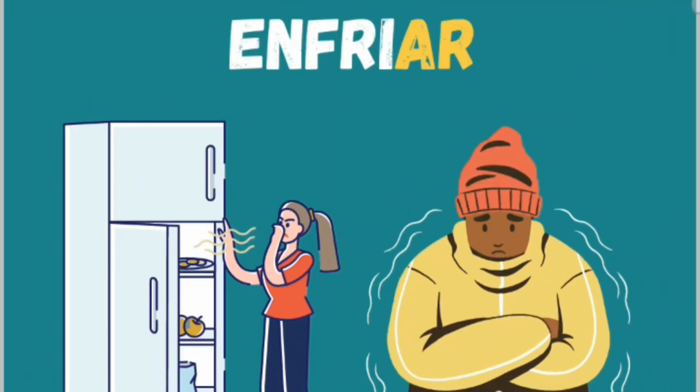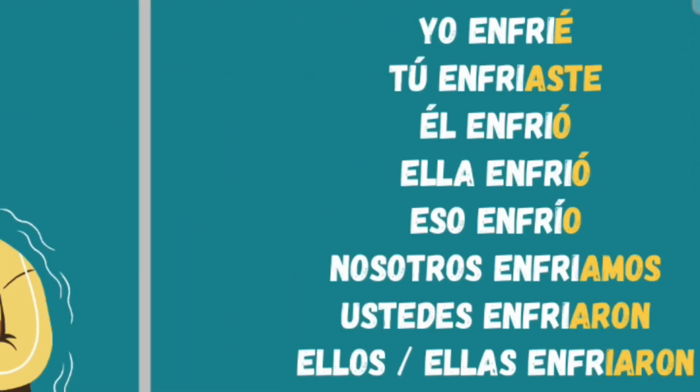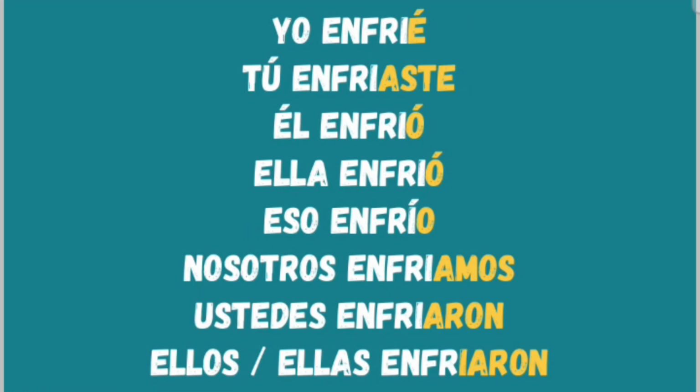Now we have this verb to cool or to chill, which means in Spanish enfriar, okay? Let's see how we have to conjugate this verb in the indefinite past, okay? Here we have I cooled, which means yo enfrié.